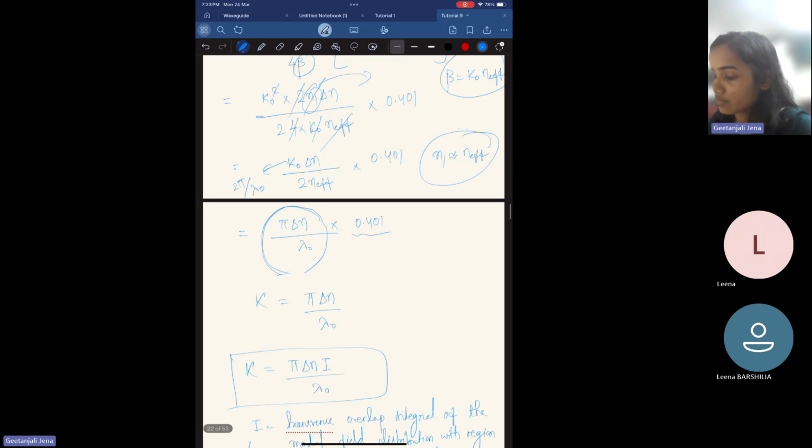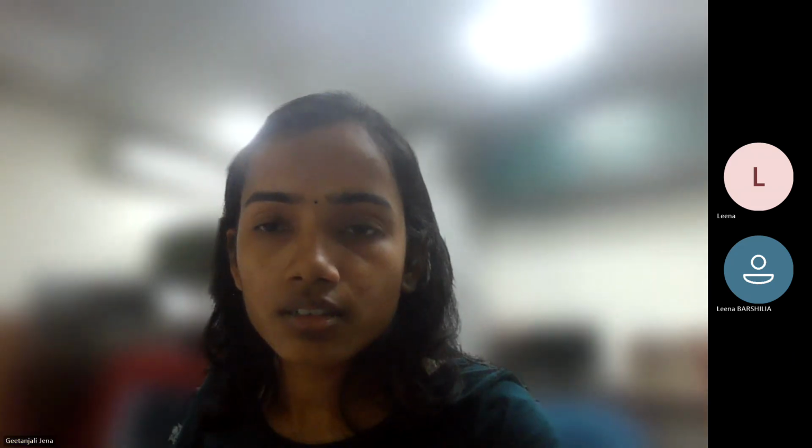So let me write in detail. Previously we have k0 square delta n square over 4 beta. Beta is k0 n effective. And this will come around 0.401. Now delta n square is nothing but sigma.